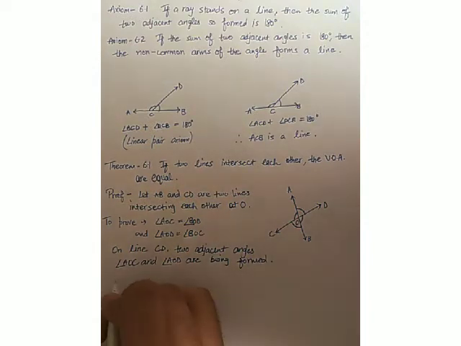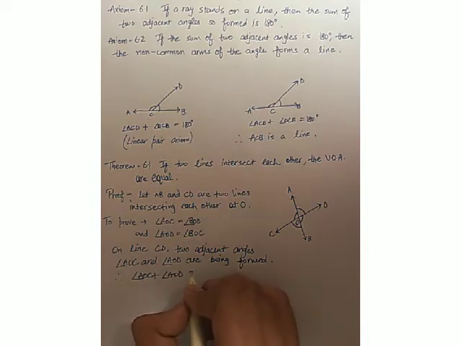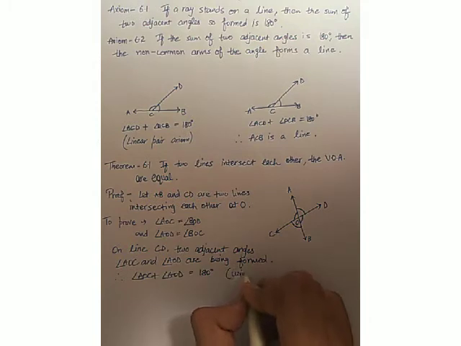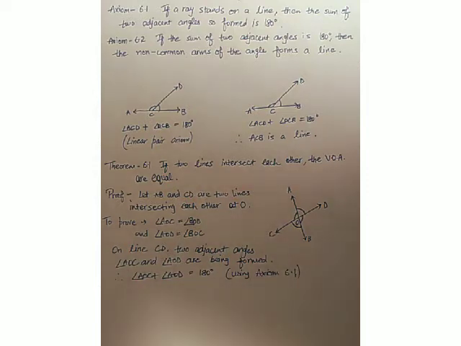Clear? Therefore angle AOC plus angle AOD will be equal to 180 degrees. Why? Using axiom 6.1. Clear? Now AOC and AOD, the sum of these two angles is 180 degrees.